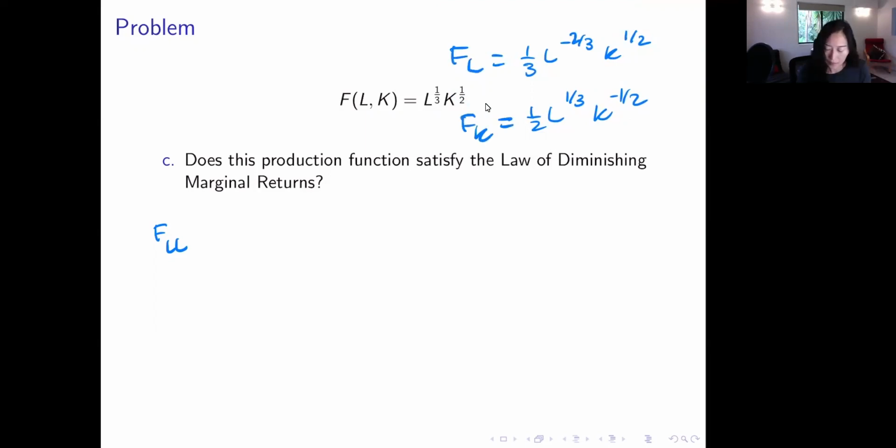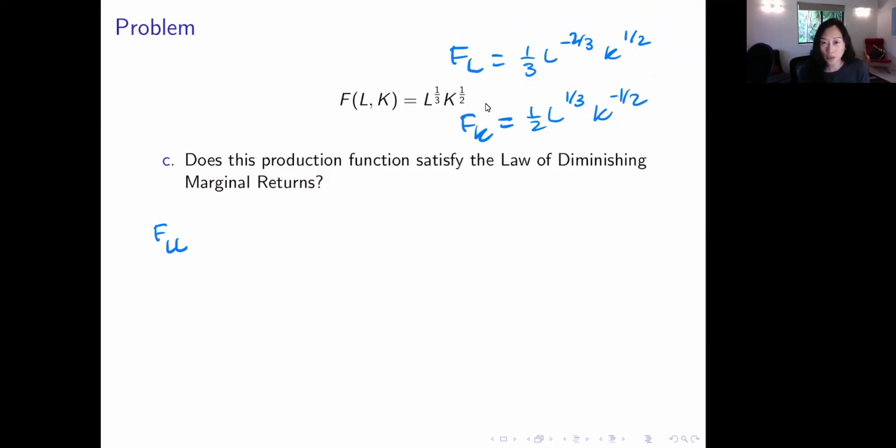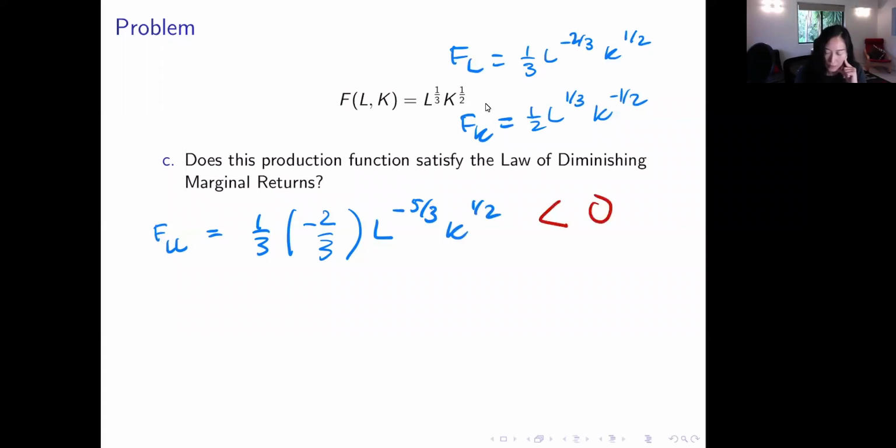I take the second order derivative of this production function with respect to L, another derivative of this function with respect to L. Then we get 1/3 times -2/3 times L to the power of -5/3 times K to the power 1/2, which is less than 0. This one is positive, this one is negative, positive, positive. So that's why it's less than 0.